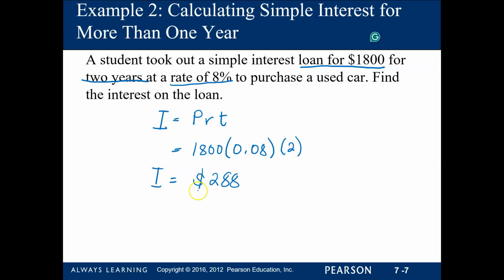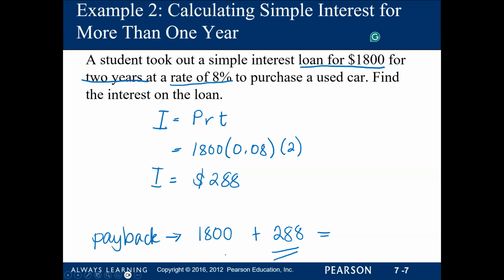This is going to be paid on top of the money. So when he pays back, it's going to be the amount that was borrowed plus the interest. That is how lenders are able to earn money based on the interest that they apply on the amounts that they lend to people.